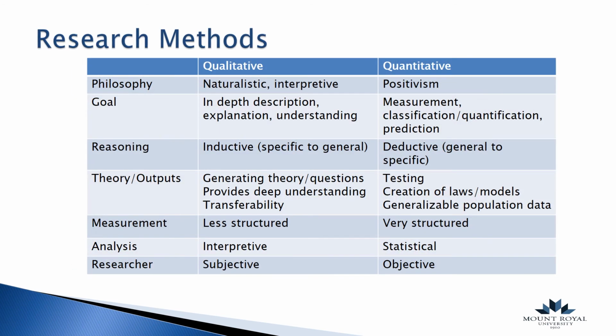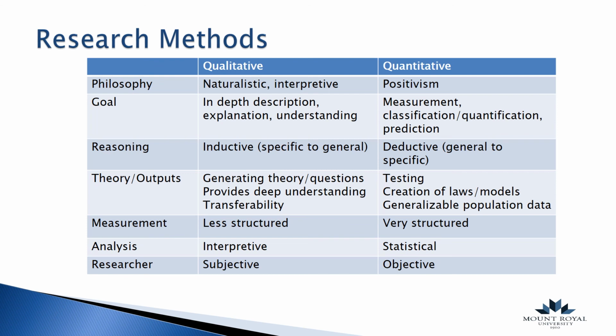This table really is just, I love tables because I'm a visual learner and I like to put things in little boxes. It compares and contrasts the difference between qual and quant research around the philosophy, the goal, the reasoning approach we use, our theory or our outputs, the measurement, how we gather data, our analysis, and then the role of the researcher.